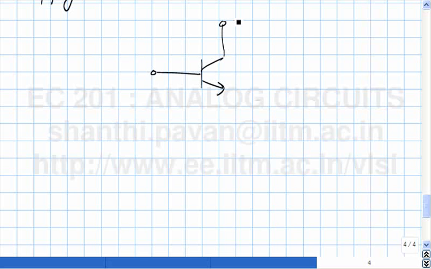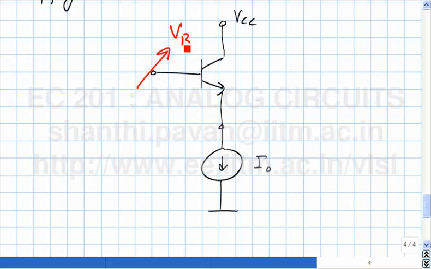We assume that the collector is fixed to some voltage, say VCC. We compare the emitter current to I0, and we basically are interested in fooling around with the base voltage.